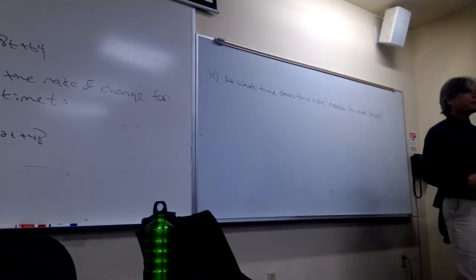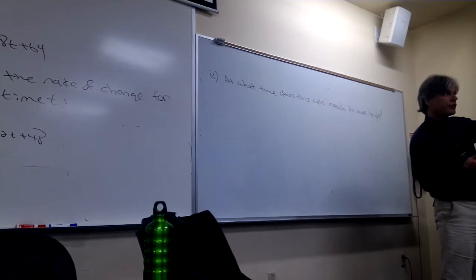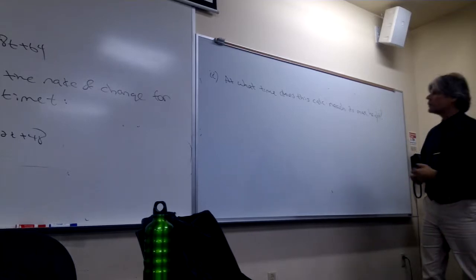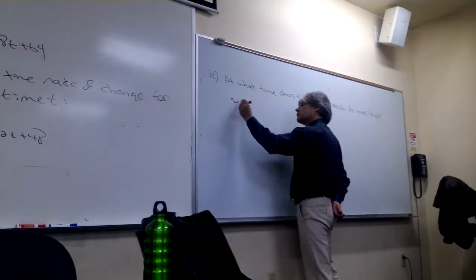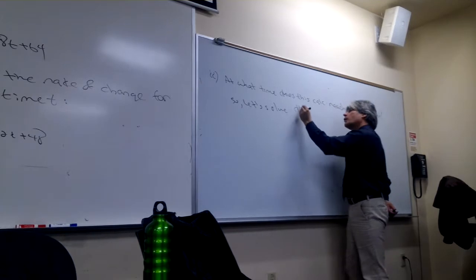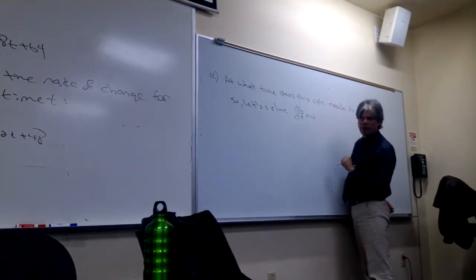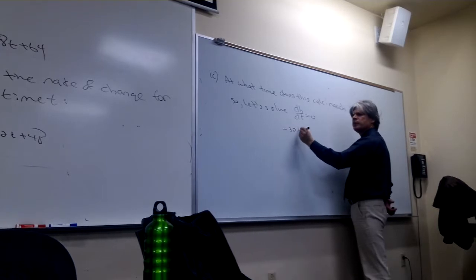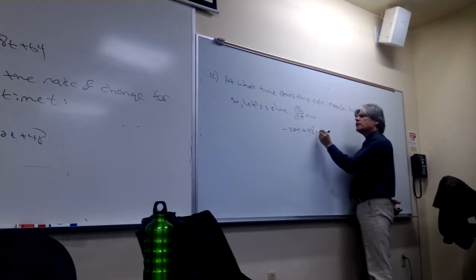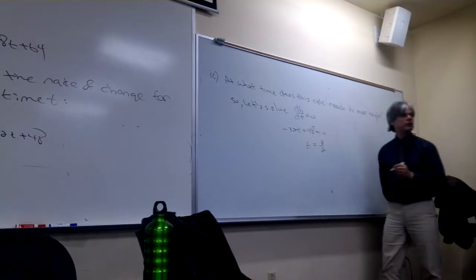Since the calculator is going in the upward direction, the max height is going to be reached when it actually changes direction. At that one moment, the rate at which the height is changing will be 0. dh/dt equal to 0 simply means to solve the equation -32t plus 48 equal to 0, so t is equal to 3/2.